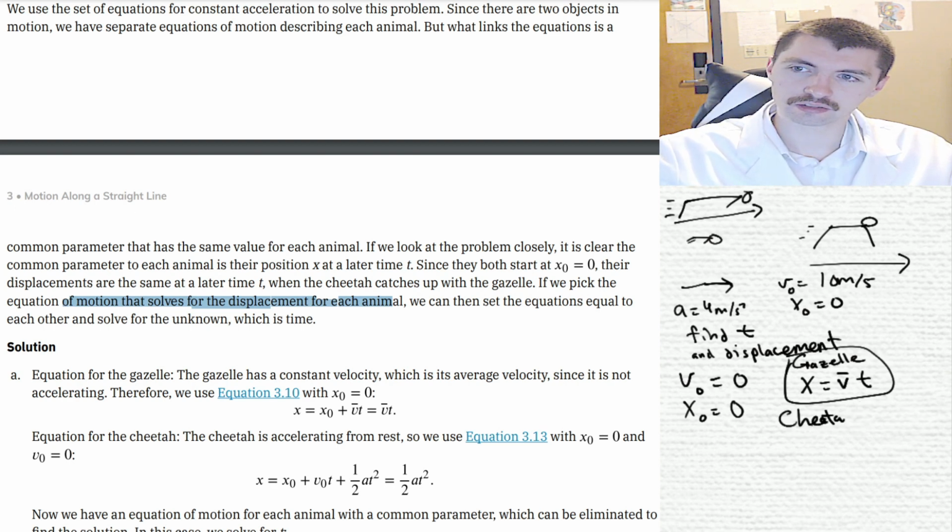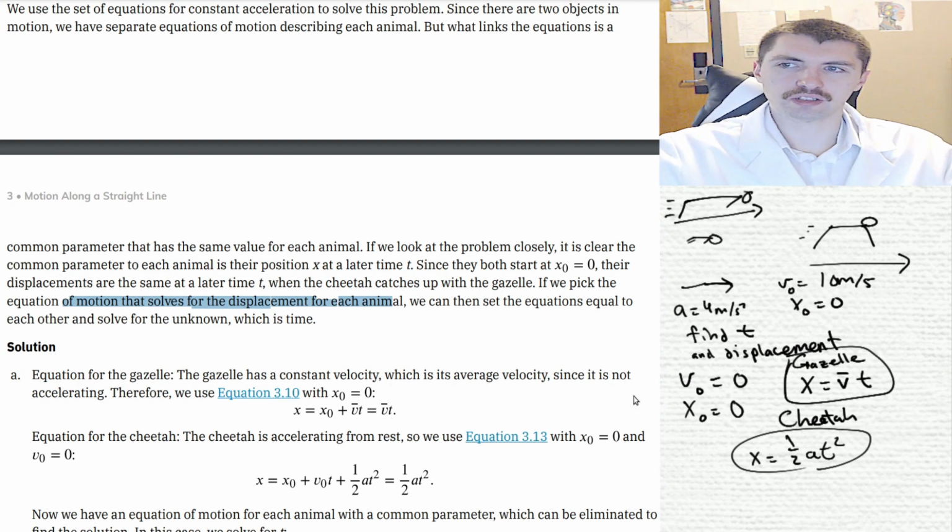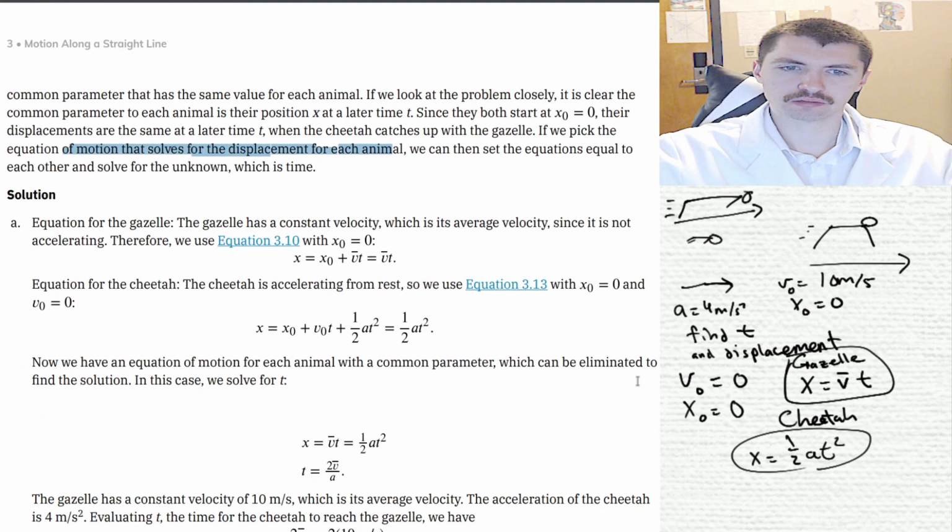The cheetah is 1/2 a t squared. Okay. So it's saying x is vt.